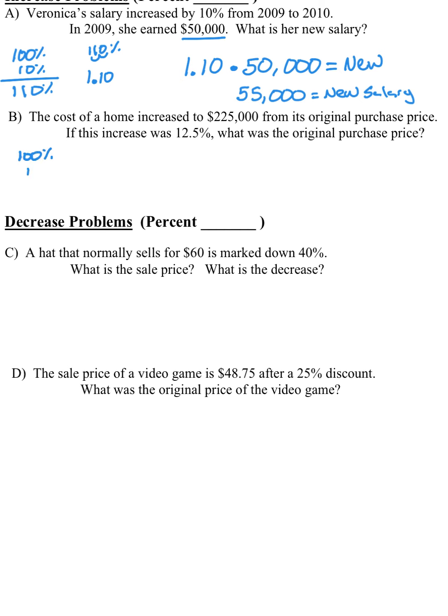It increased by 12.5%. That puts us at 112.5%. Now, if I change that from a percent into a decimal, I move it twice, and we get 1.125. Now, unlike part A, this value right here, 225,000, that's the new value.